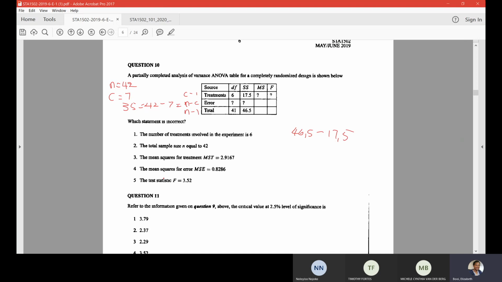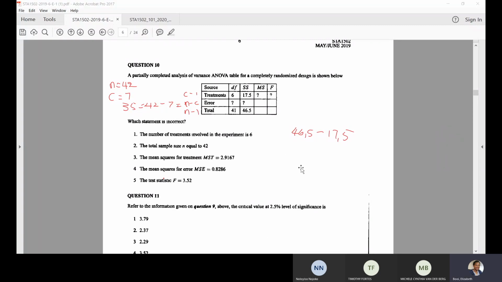It should give us that value, the sum of squares of the error. We could calculate it otherwise, but it might not be as simple, because it would be the sum of your X observations minus your mean, and we don't have that information. Alternatively, because these are totals, we can just calculate them this way.